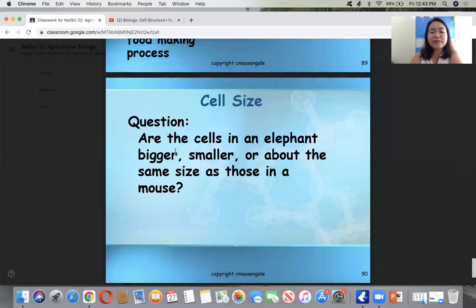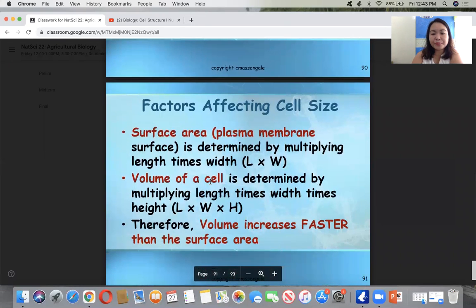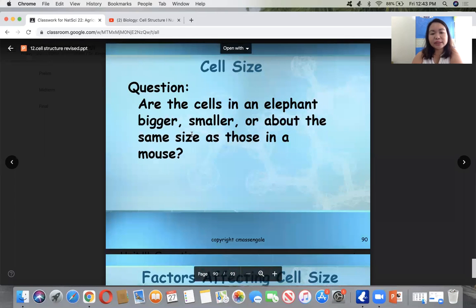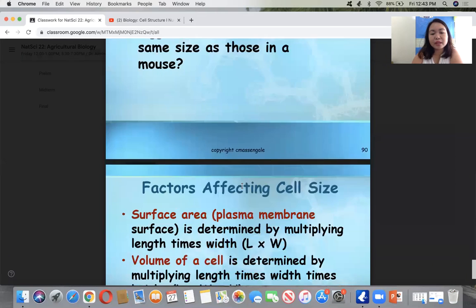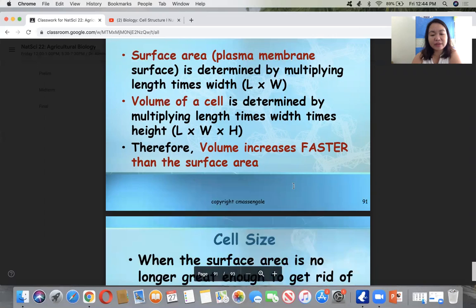Are the cells in an elephant bigger, smaller, or about the same size as those in a mouse? We have learned that the factors affecting cell size are the surface area, which is determined by multiplying length times width, and the volume, which is length times width times height, and therefore the volume increases faster than the surface area.